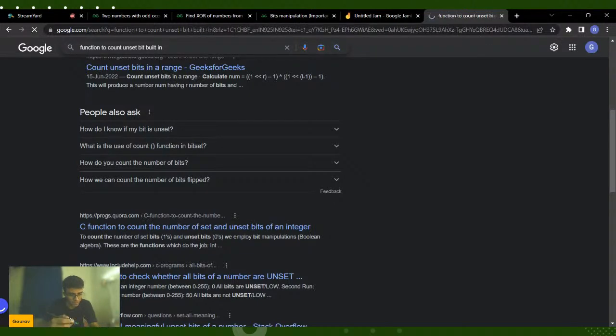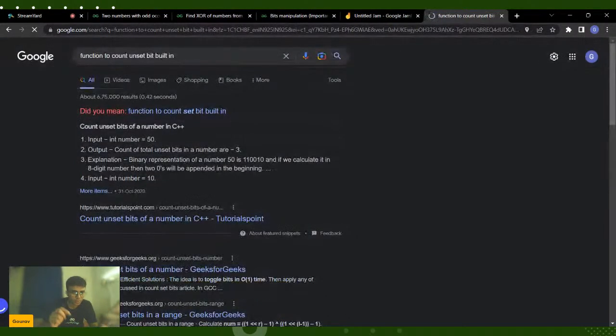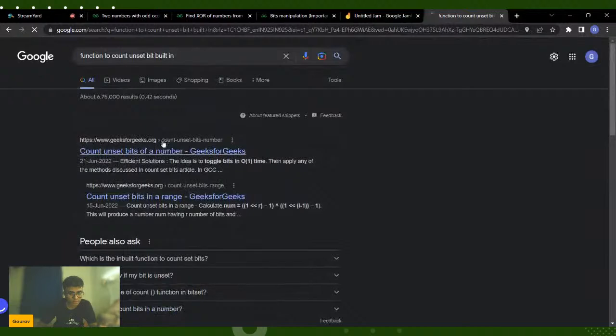Can you please elaborate? As I told you, there is a function called underscore underscore built-in pop count. Whatever number you give, it will return the number of set bits.